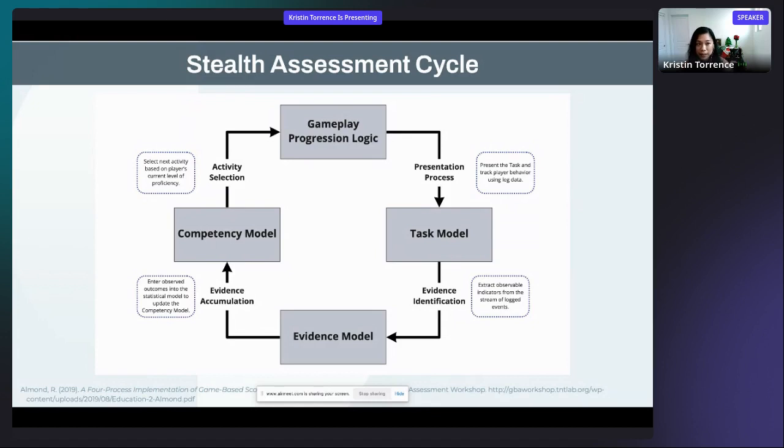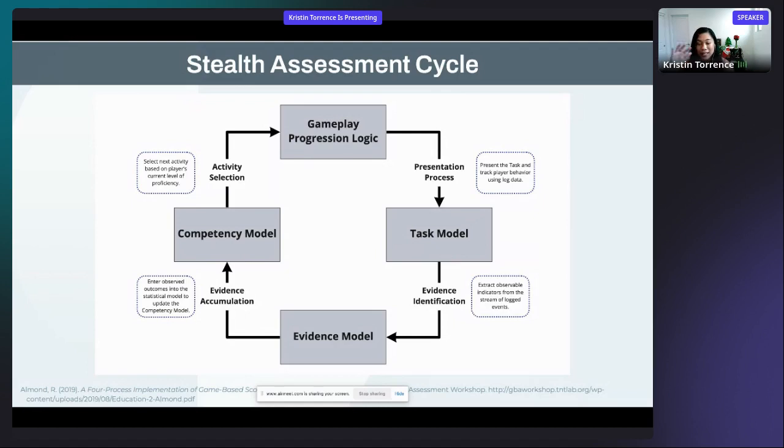So stealth assessment was pioneered by a researcher out of Florida State University named Dr. Valerie Shute, and she has recently retired. But it is based on the evidence-centered design framework. And what it does is it circles back that information of learner competency to influence the level and progression that the player experiences in the game, to then present new tasks that the learner must then play and then are further evaluated.